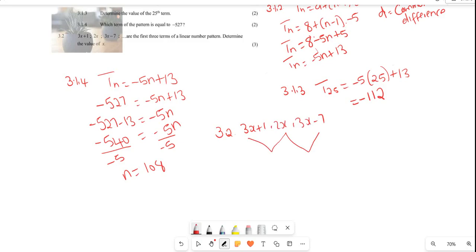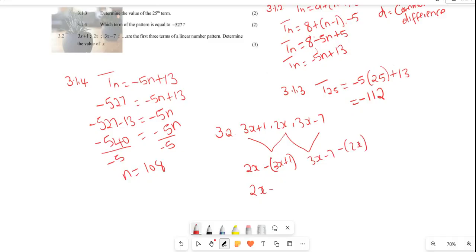T2 minus T1 is going to be 2x minus my T1. I'll put it in brackets because we have two terms, right? We know this, BODMAS rule, 3x plus 1. And then T3 minus T2 is 3x minus 7 minus 2x.